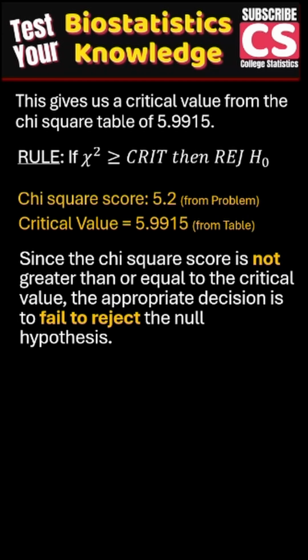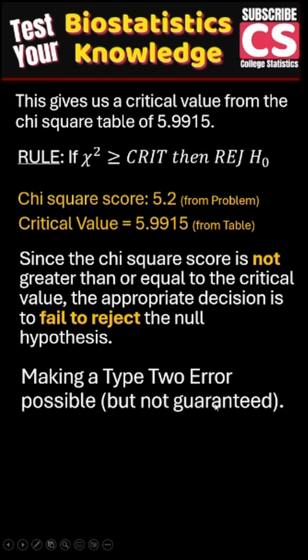That would be anathema to any kind of reasonableness in the world. So, a type 2 error is possible when we fail to reject the null hypothesis, but not guaranteed. And so that makes the correct choice C.